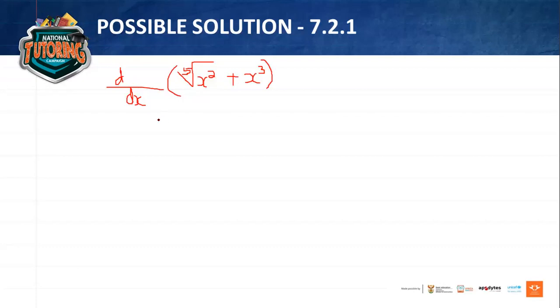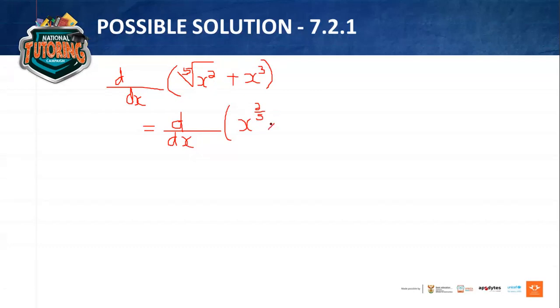The first thing for us to do, before we can even find the derivative, is to write this in a form that we know how to differentiate. I think you remember this: it comes out as x to the power 2 divided by 5. Remember, the fifth root becomes the denominator and this remains your numerator.